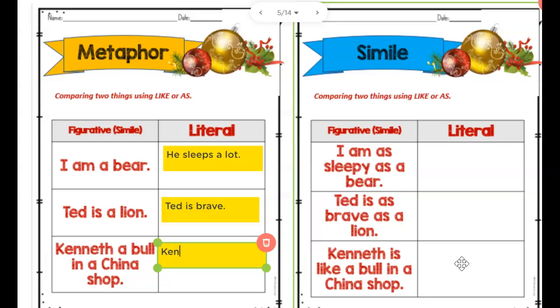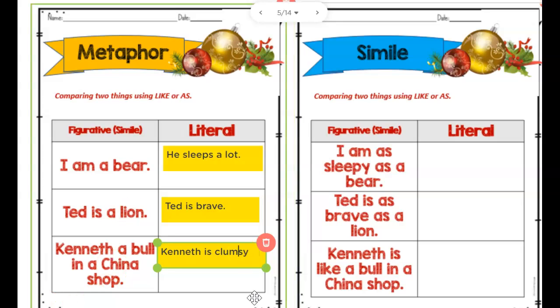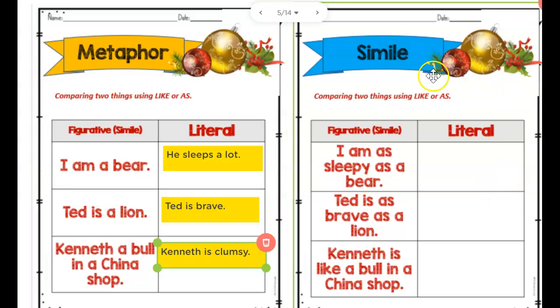So that might mean that Kenneth is clumsy. Now, similes would have the same meaning, so we're not going to write those down. But you can highlight that they use as, remember like or as for simile, or like inside each one of their examples.